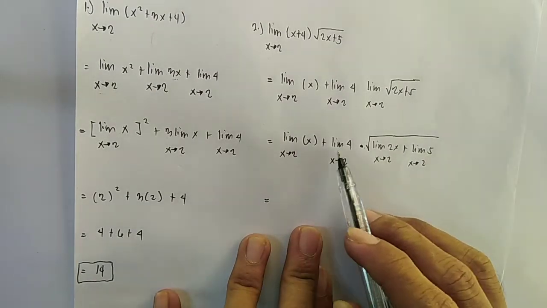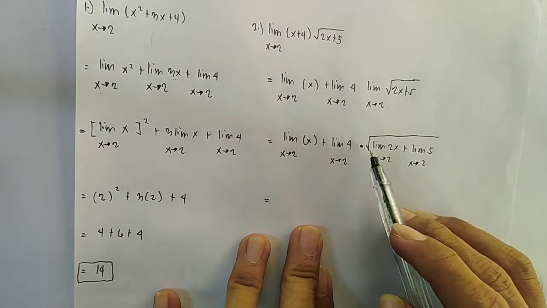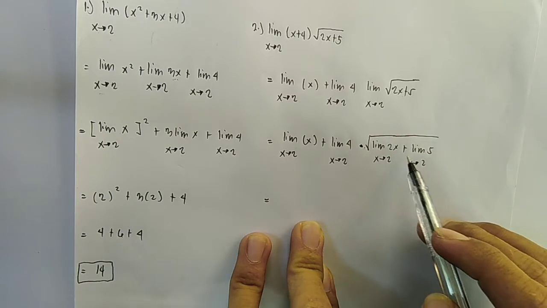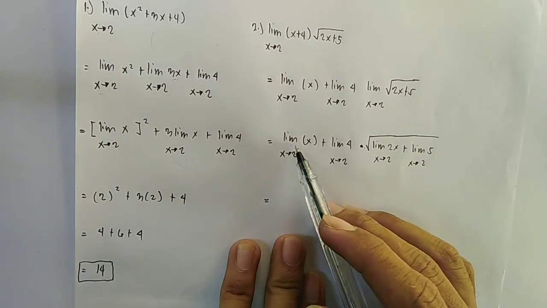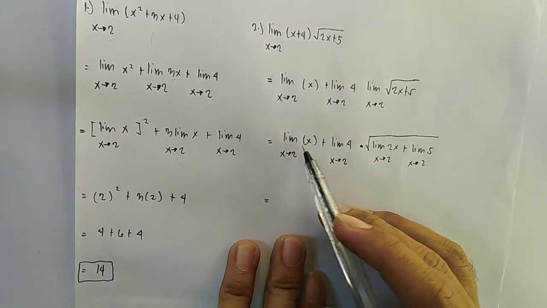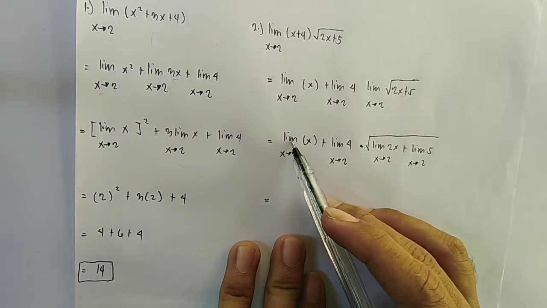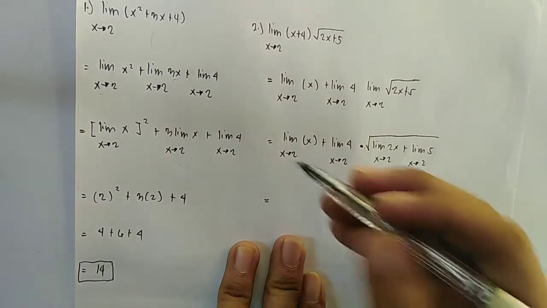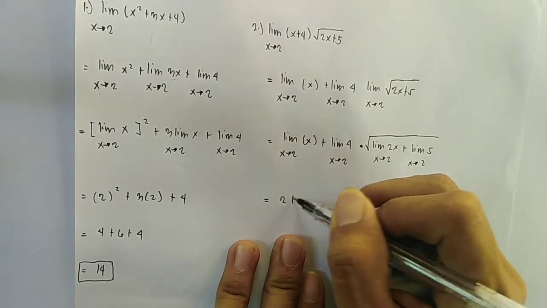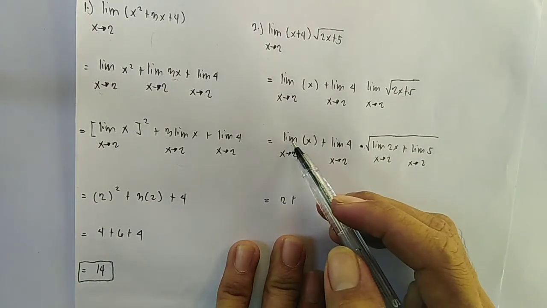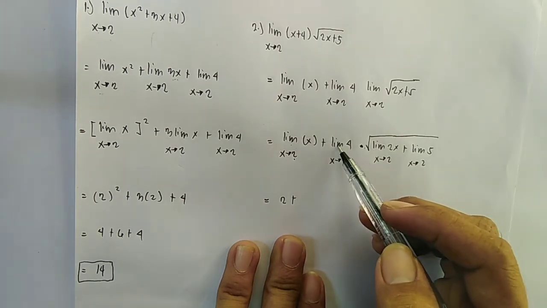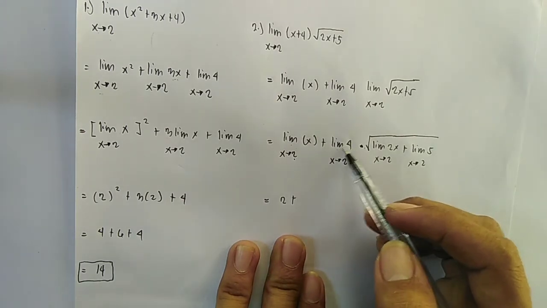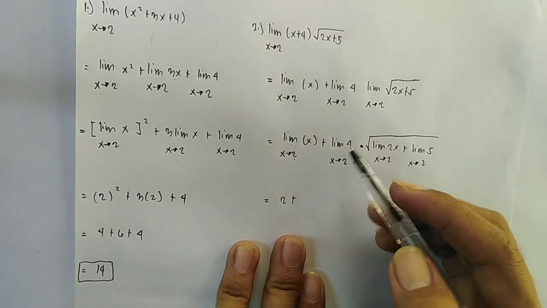So the limit of x plus the limit of 4 times the square root of the limit of 2x plus the limit of the constant 5. So simplify. The limit of x, since this is already in the simplest form, you can substitute with 2. So you will get 2 plus, again, the limit of x, that is 2. The limit of 4, since this is the limit of the constant, the limit of a constant is still equal to the constant.